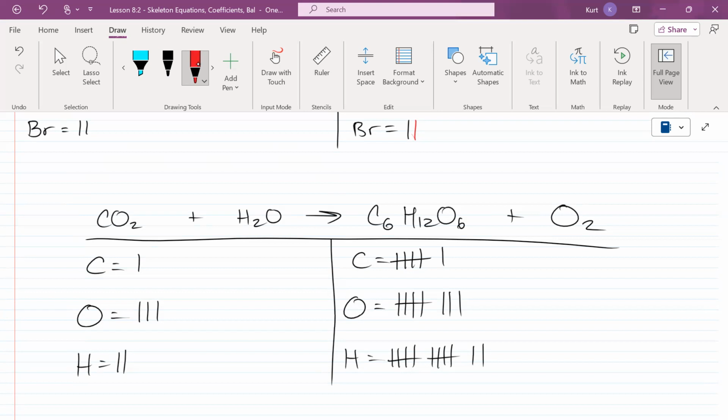Okay, so if you're watching this video, if you guys are sitting in this class, here's what Alex saw. He sees 6 carbons on the product side. He sees 1 carbon on the reactant side. Alex knows you can't go down. You cannot drop the 6 down to a 1. You got to bring the 1 up to a 6. So he suggests put a 6 in front of this.